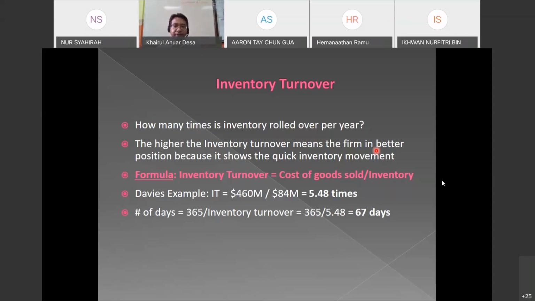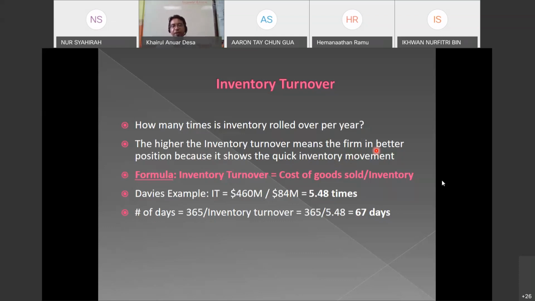Okay, what is the inventory turnover? Inventory turnover is how many times we order, we buy the inventory. Semakin banyak kita beli berkali-kali kita order inventory tersebut, itu menunjukkan bahawa syarikat kita semakin bagus. Okay, kita beli kayu, kita proses, kita jual, habis.